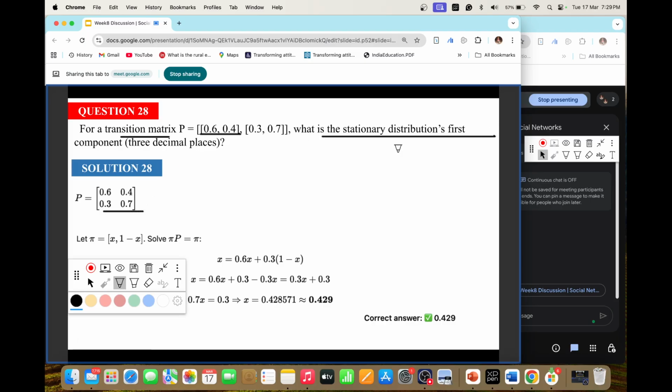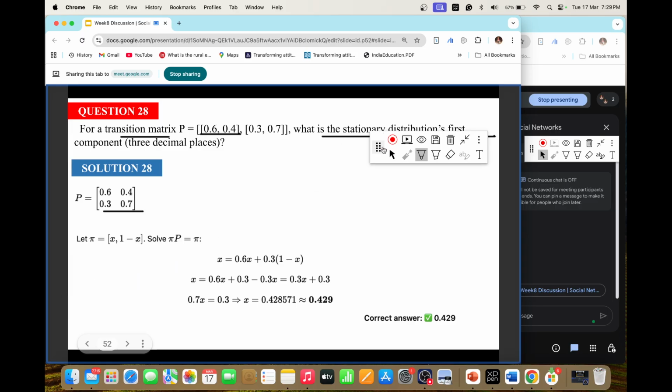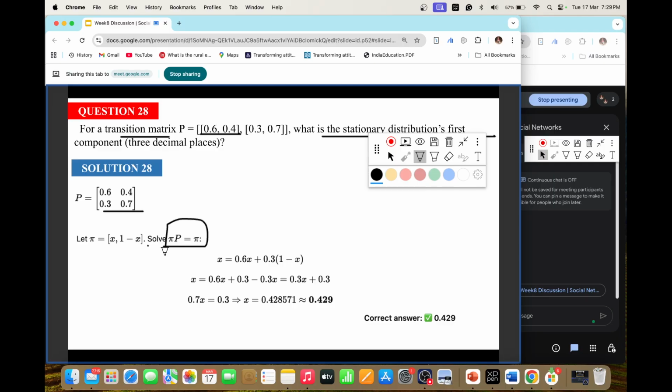What is the stationary distribution's first component? So how can we solve it? Let pi equal (x, 1 minus x), and we have to solve pi P equals pi. So let me just solve it.